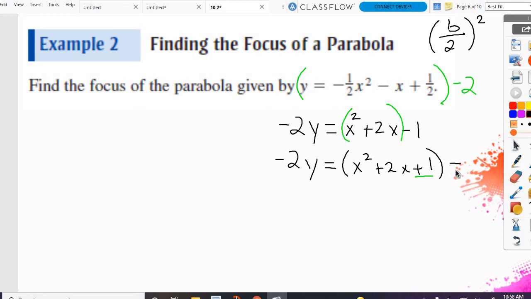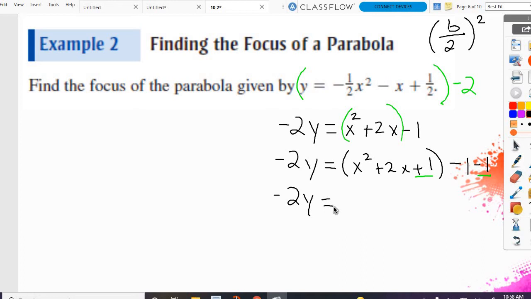But then, are we allowed to just add a 1 because we feel like it? No, we have to balance out our equation. So what do we also have to do? Subtract a 1 from the outside as well. So then remember, our whole goal is that we want to factor this quadratic, but we want it to be a perfect square.